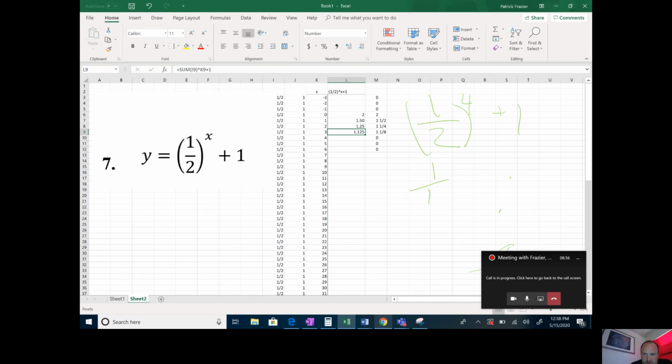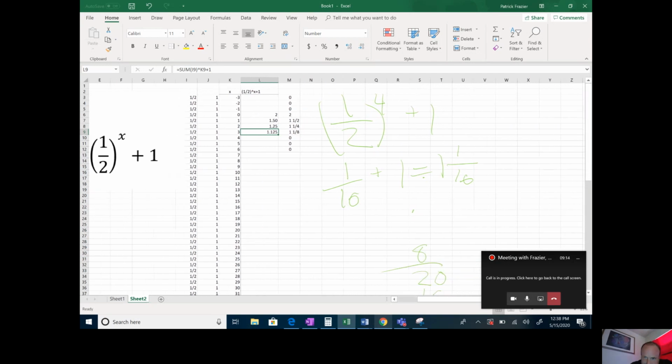So 1/16 plus 1, which is 1 1/16. And again, that is a mixed fraction.